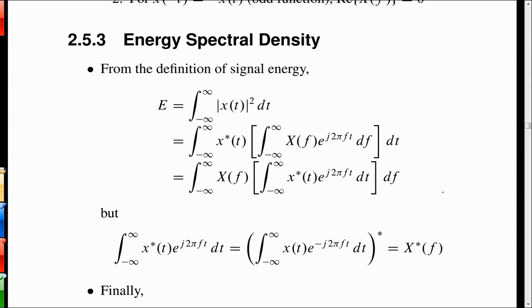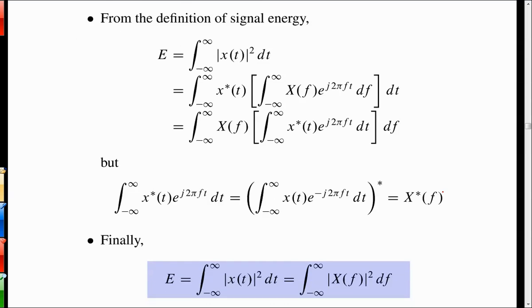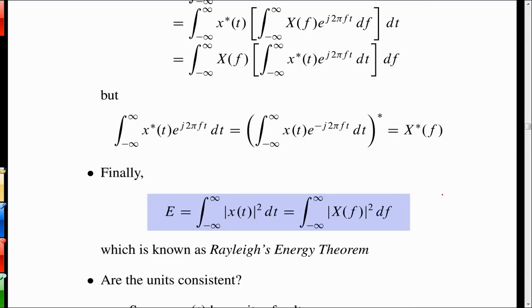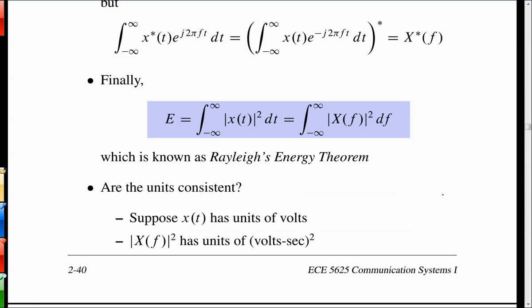But energy spectral density from this little development is defined as the magnitude squared. So I think that shows up. I don't know why I don't have it down here. Yeah, energy spectral density is this guy right here.